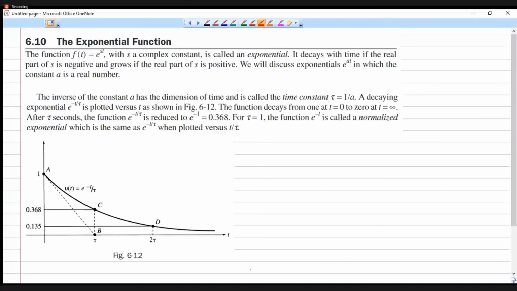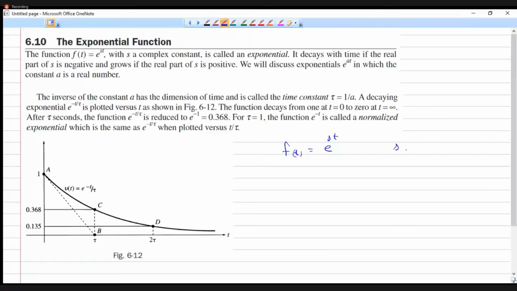Today, I want to talk to you about the exponential function. An exponential function is written as f of t is equal to e power st. This s term is a complex quantity.